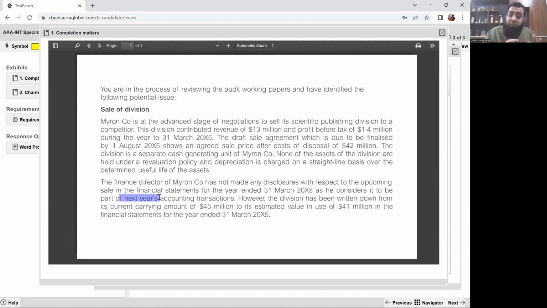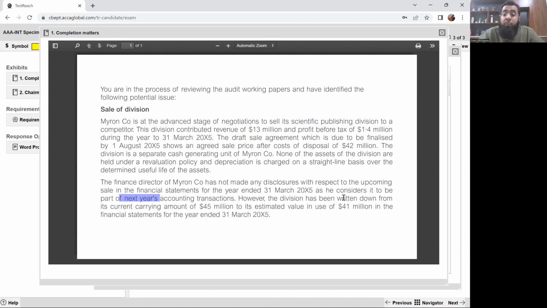So as per IFRS 5, held for sale, we have to classify it separately. And since it is a complete business operation, as per discontinued operation rules, we have to show its profit also as a separate line item in the income statement.